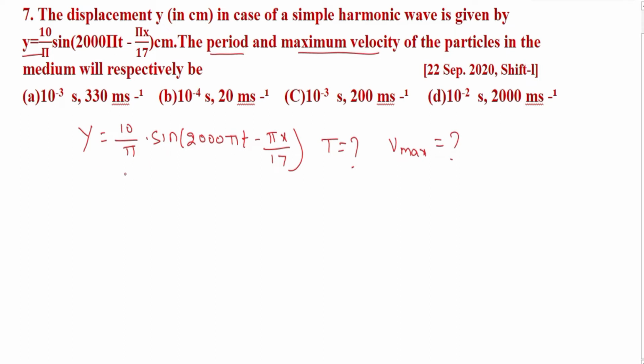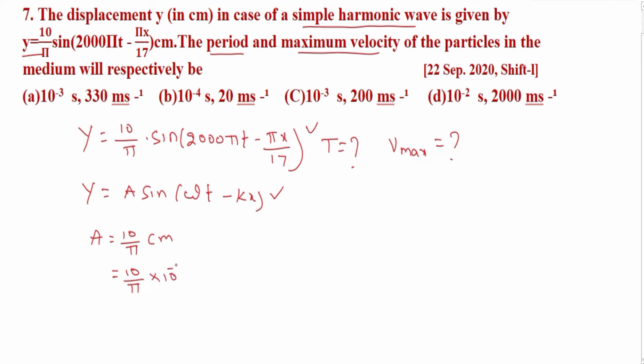Now this is the displacement equation for a particle undergoing simple harmonic motion. We know that the standard form of the displacement equation is y is equal to A sine omega t minus or plus, or in this case minus, kx. If you compare the two equations, we get that the amplitude A is 10 by pi centimeter, that is 10 by pi into 10 power minus 2 meters.